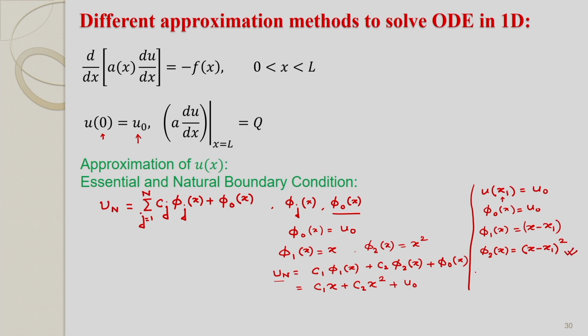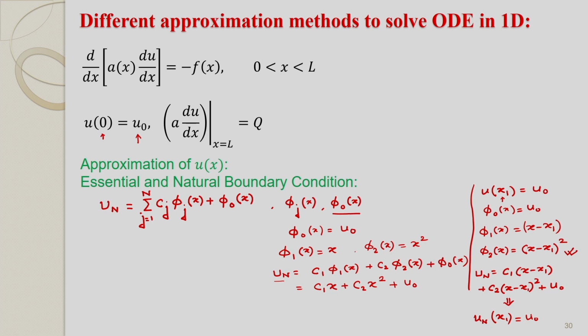Again you can write u n as c1 times x minus x1 plus c2 times x minus x1 square plus u naught. Thus, you can see that u n at x1 is u naught.